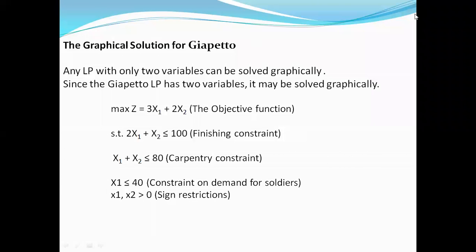For the graphical solution of Geppetto, based on the problem solved yesterday, we have two results, an x value and a y value. To obtain a two-dimensional relation, we need x and y values in an analytical format to draw the graph.